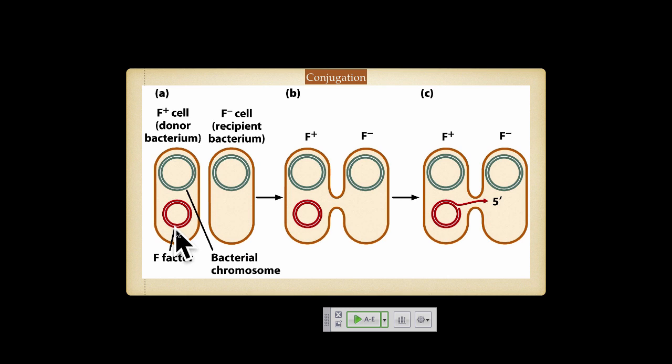The plasmid can replicate independently, or it can insert itself and become part of the main chromosome. Episomes are plasmids that can integrate into the chromosome. They become part of the main chromosome, and they can come back out again and be autonomously replicating molecules. So this F factor is a type of episome.